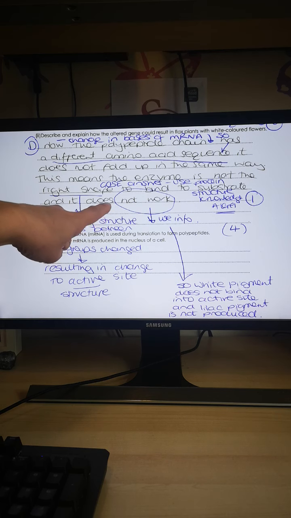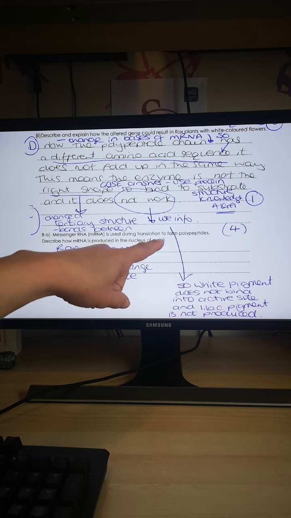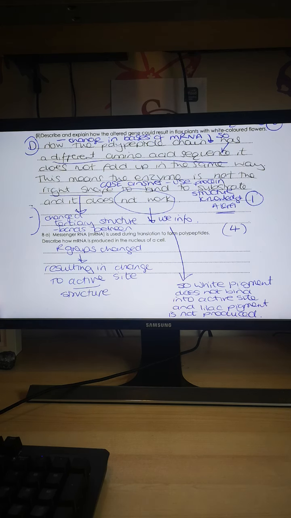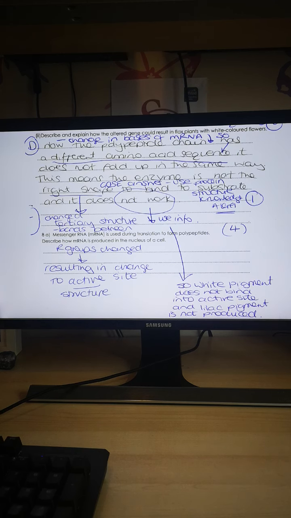Saying it won't work was too vague. You need to use the information given to you in the question. So you would go on now to say that if this enzyme's active site did not have the right shape, the white pigment would not bind into the active site and the lilac pigment would not be produced. Therefore, they would have white coloured flowers.